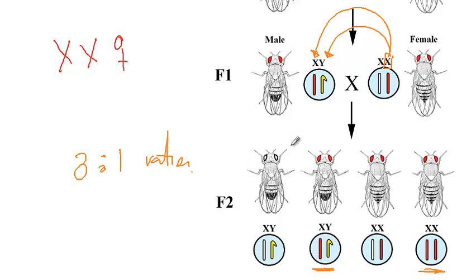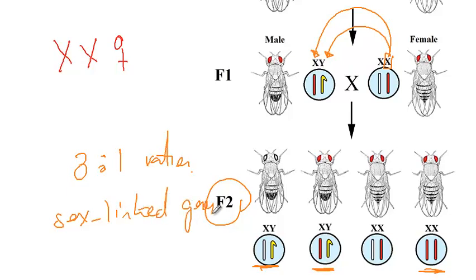But given that the white-eye F2 flies were all males, it has led Morgan to the discovery that there are some genes that are located on the X chromosomes. So these are referred to as sex-linked genes.